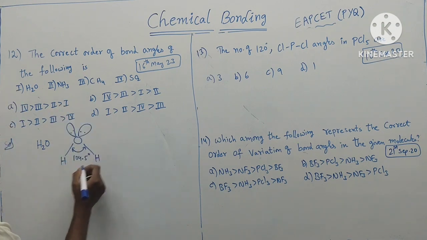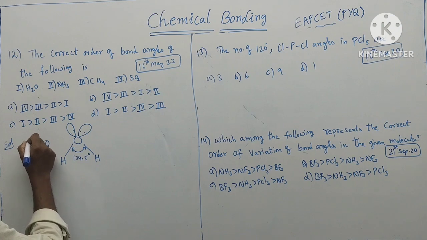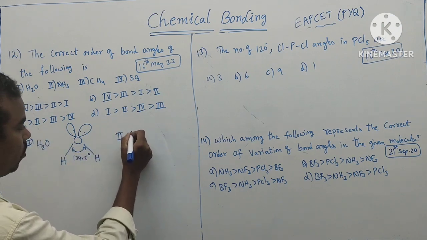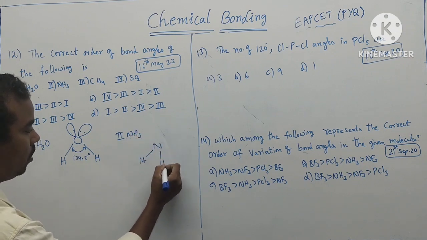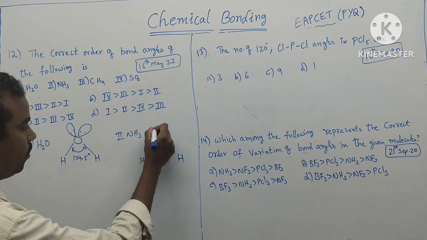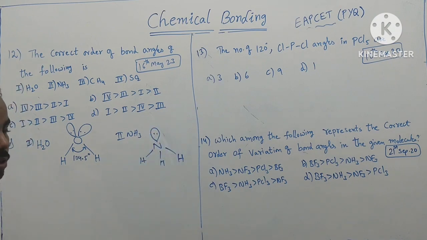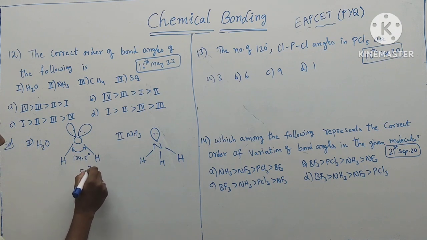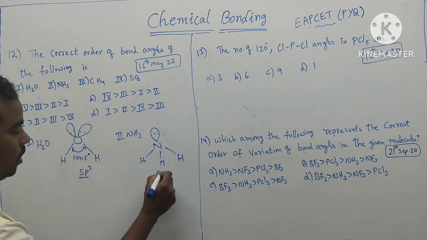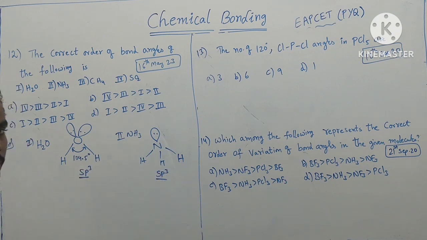If you take NH3, the central atom nitrogen has a pyramidal shape, and 1 lone pair is present. It is also sp3 hybridization.